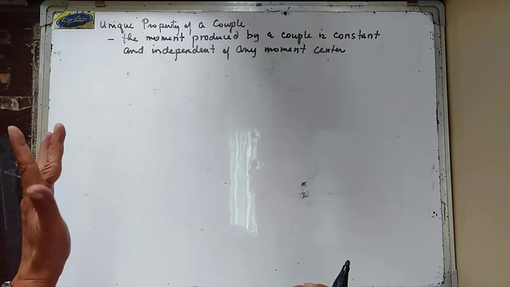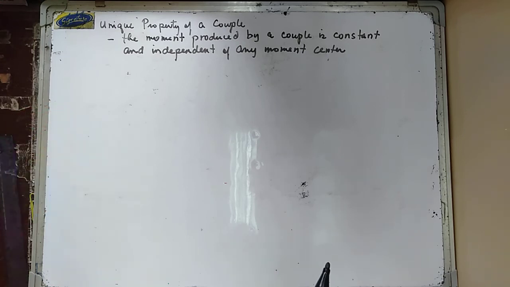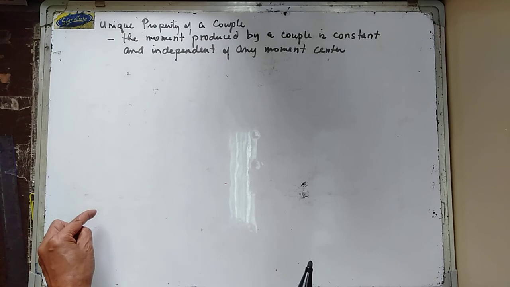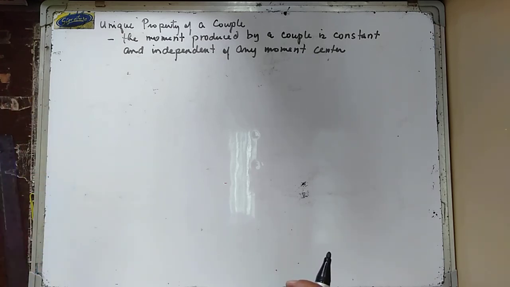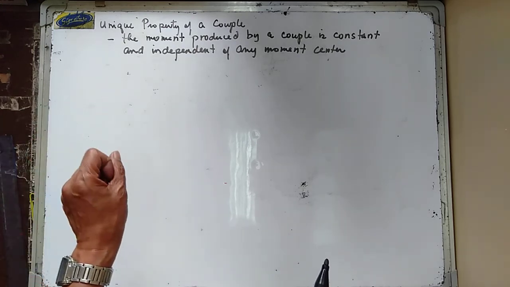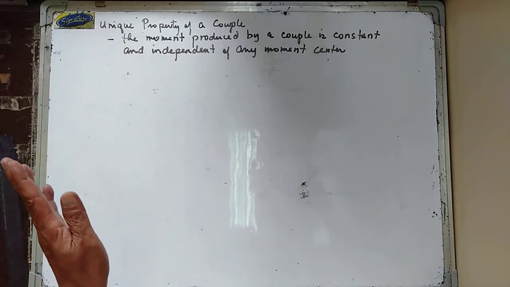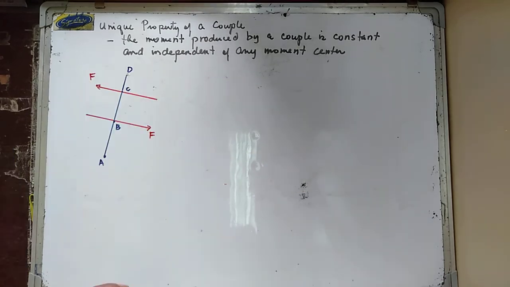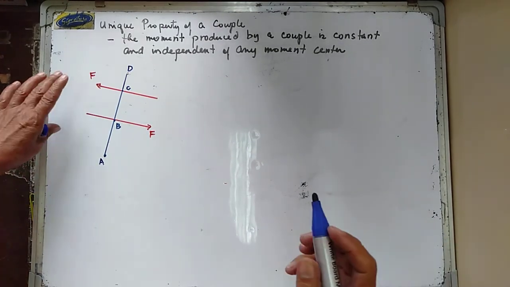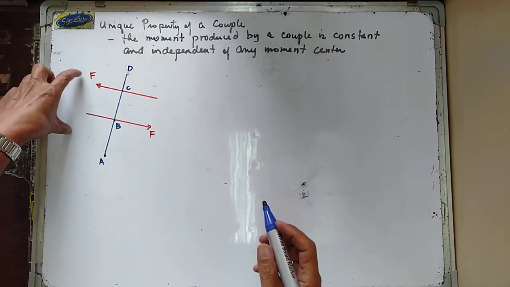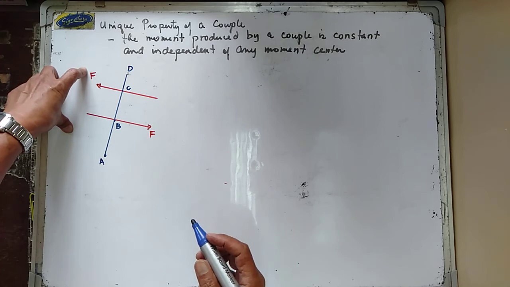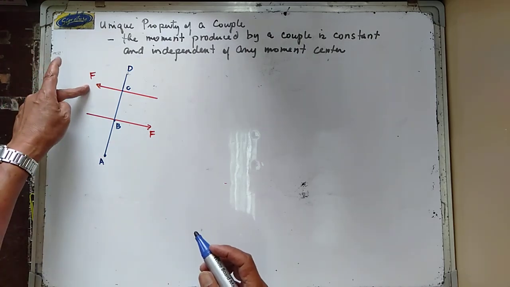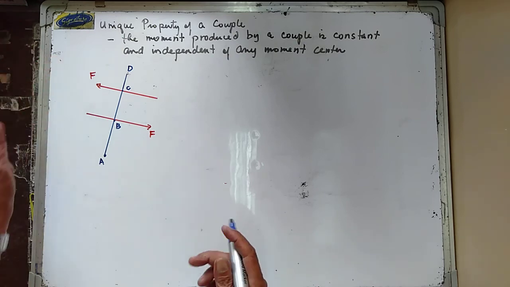So this means to say that if you have a couple and you want to get the moment produced by this couple at point A, this is equal to the moment produced by the same couple at point B or any other point. So let us consider this couple in here having a magnitude of F for the two forces.